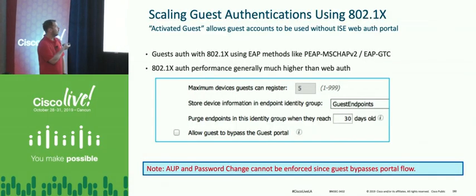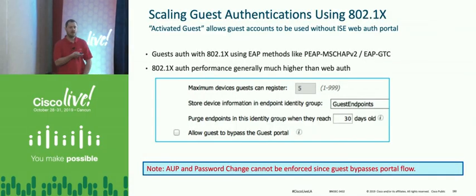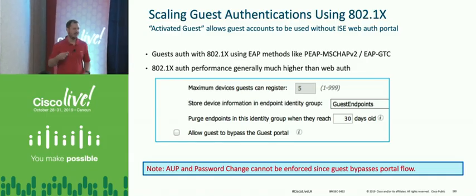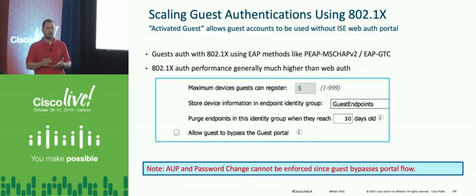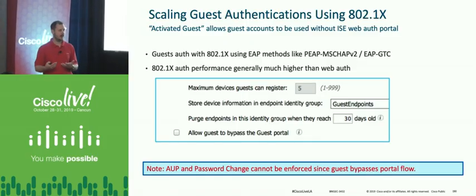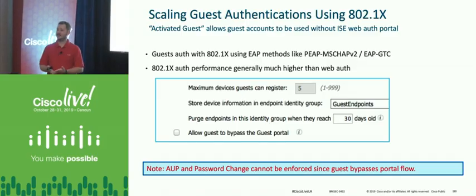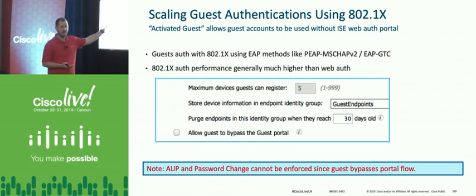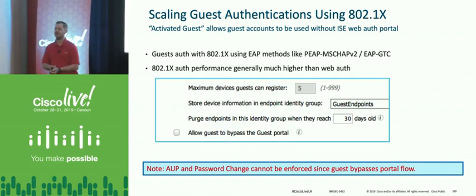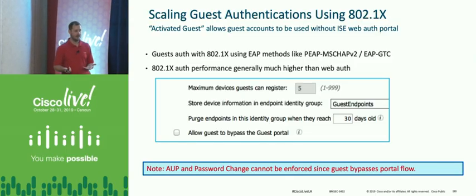Now, when we're looking at scaling guest, another recommendation that's kind of out of the box, but I like to talk about it, is web requests are a lot harder to process and a lot more resource intensive than 802.1x authentications. So some of our customers made the decision for multiple reasons to leverage 802.1x for those guest authentications versus web authentication.